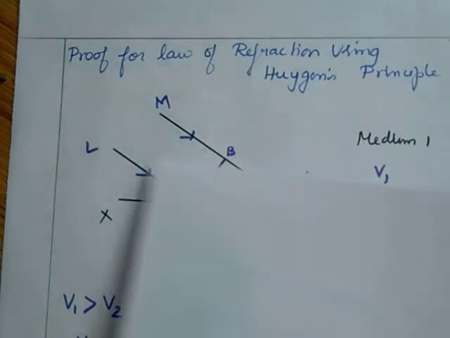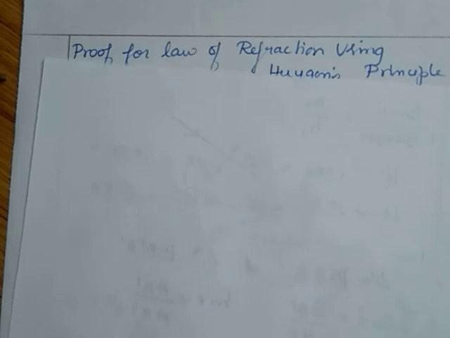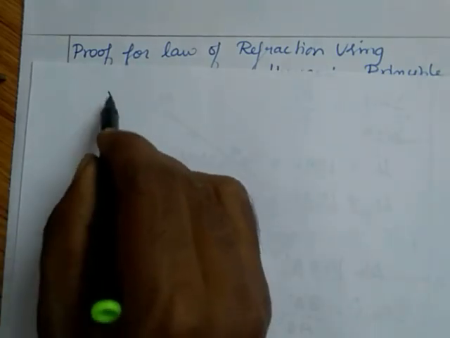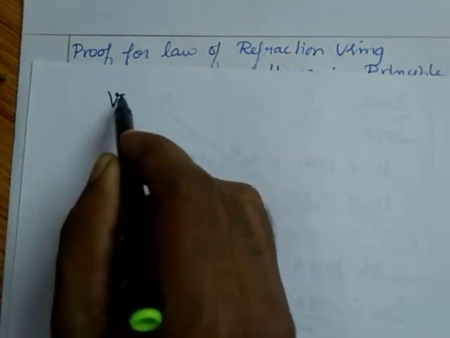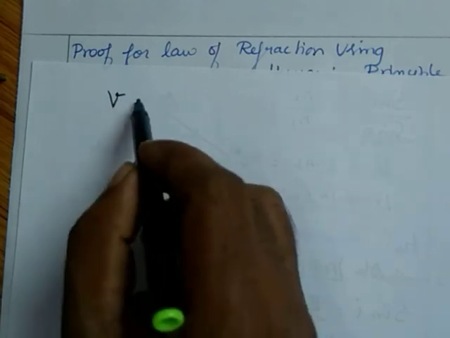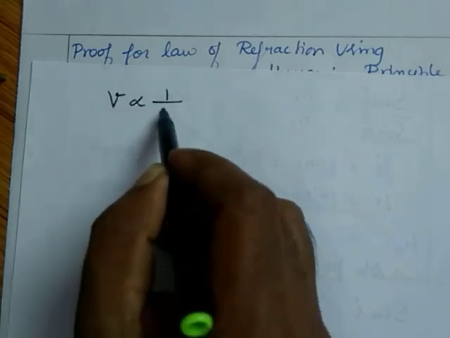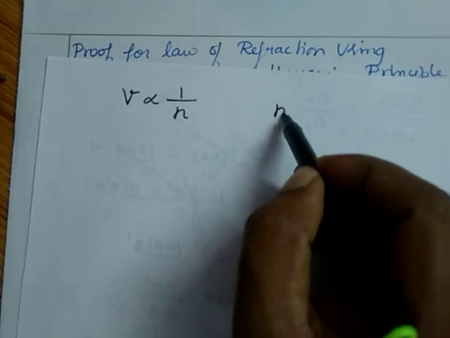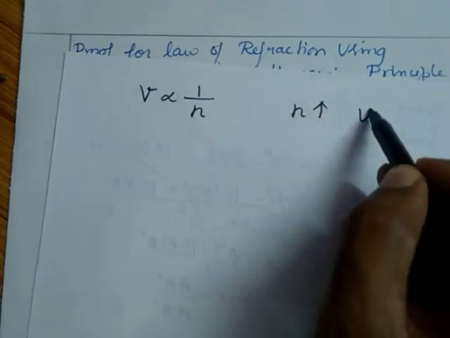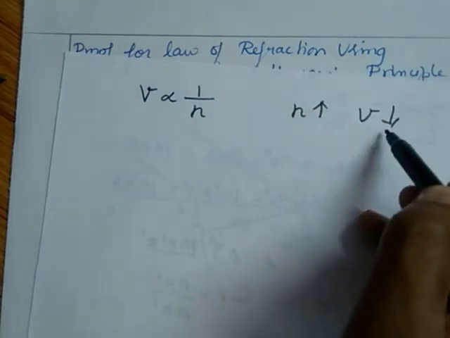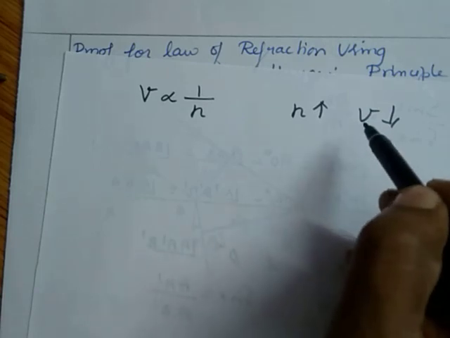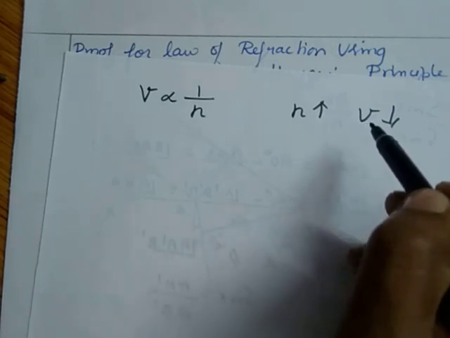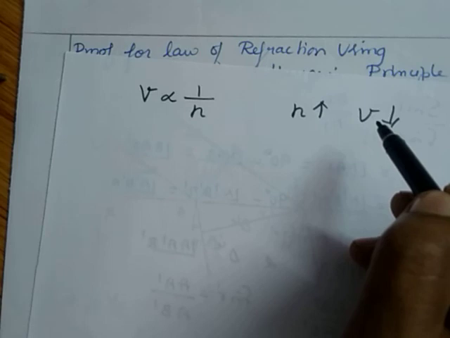From this we get the knowledge that the velocity of light is inversely proportional to the refractive index of the medium. That means if the refractive index increases, then the velocity of light decreases. That's why the velocity of light in a rarer medium is greater than in a denser medium.